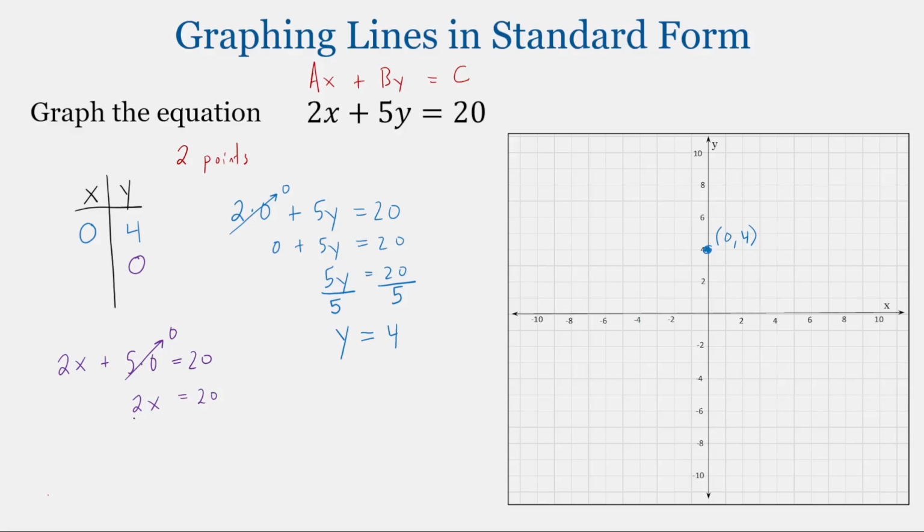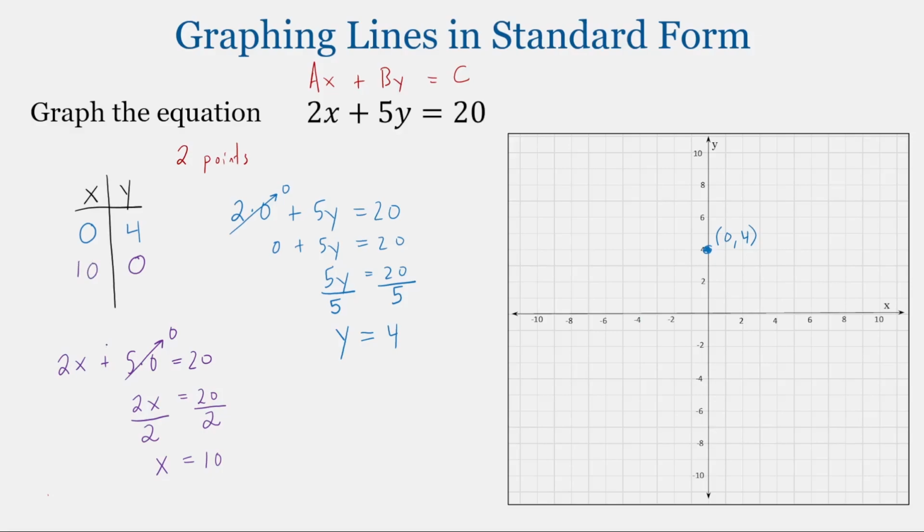And now we don't want a coefficient of 2 in front of our x. We want a coefficient of 1. So we'll divide by 2. This gives us 1x, or x on the left, equal to, and then we have to divide the right by 2 as well, and we get x equal to 10. So now we have the ordered pair 10, 0.